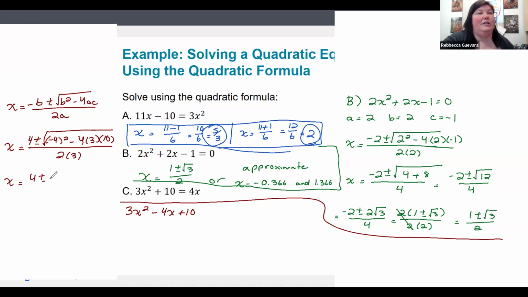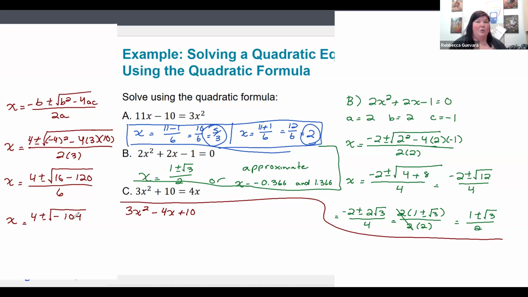So we're going to have 4 plus or minus the square root of 16 minus 120 divided by 6. So we're going to have x is equal to 4 plus or minus the square root of negative 104.